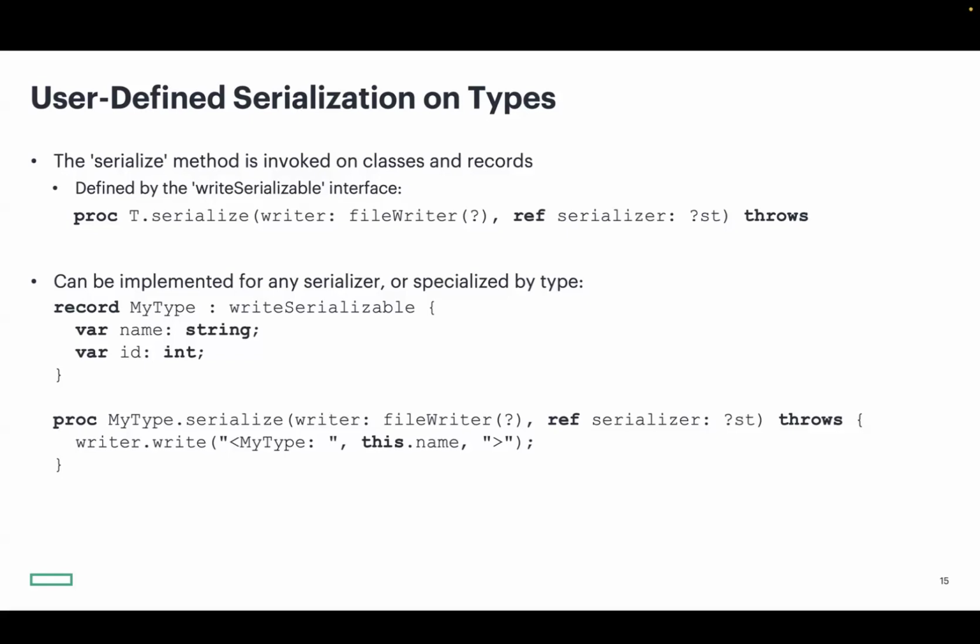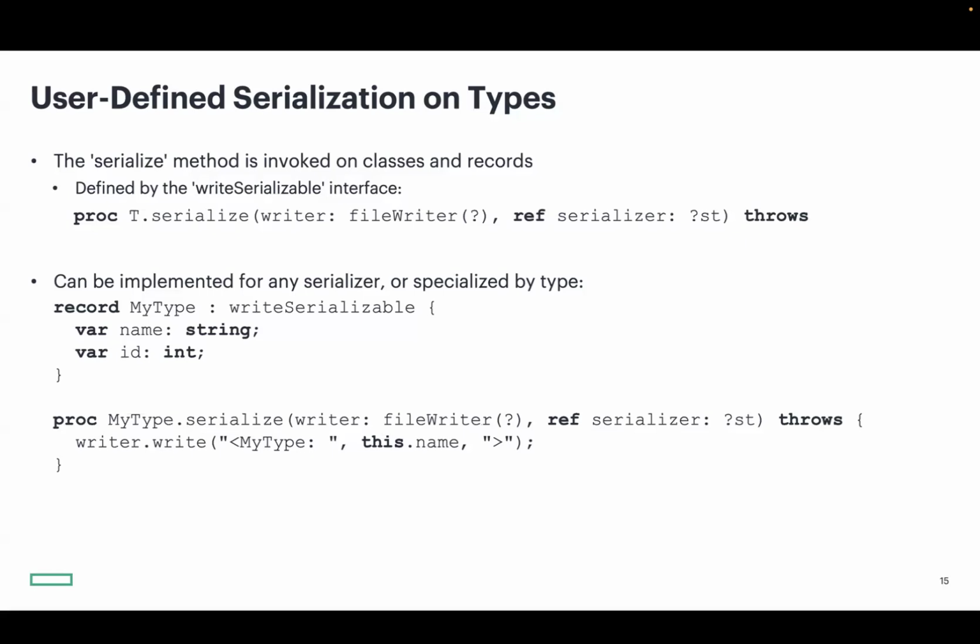It takes the first argument, which is named writer, and accepts a generic file writer. And then the second argument is a serializer that is passed by the ref intent. That's in the event that the given serializer maintains some internal state that might need to be modified over the course of serialization. And finally, this method throws, as all IO methods do.